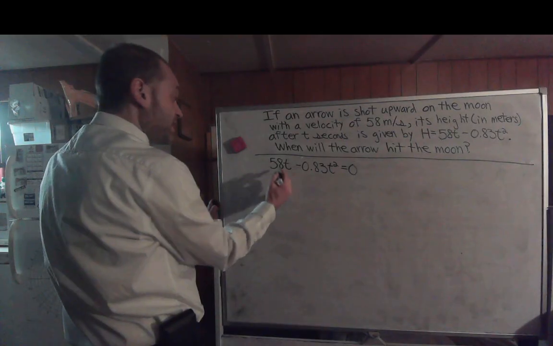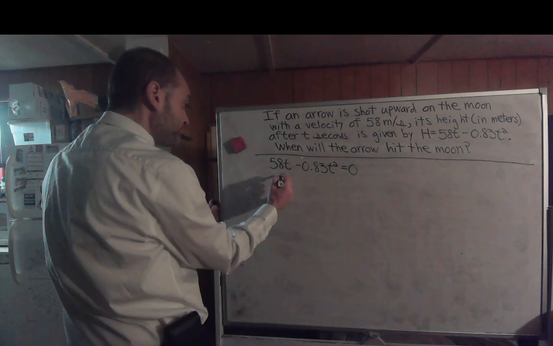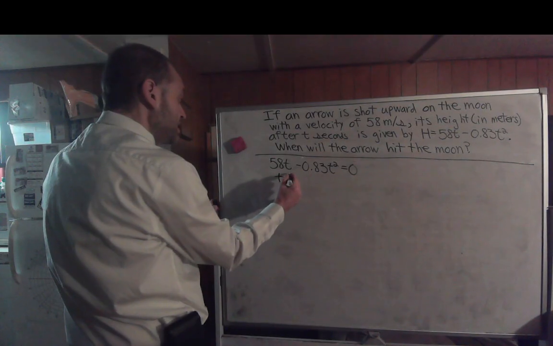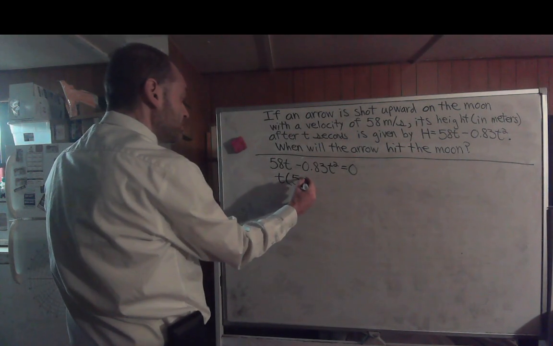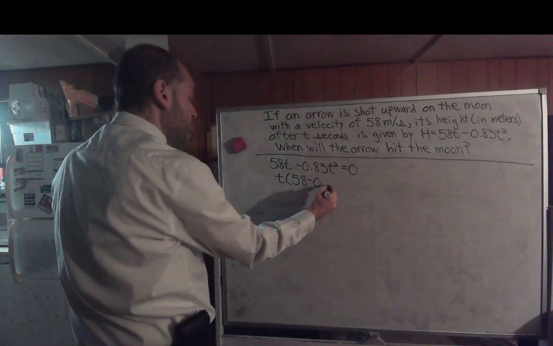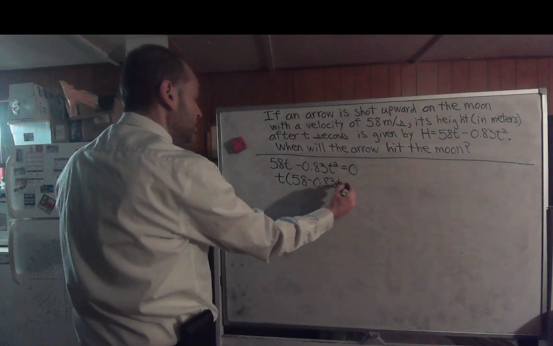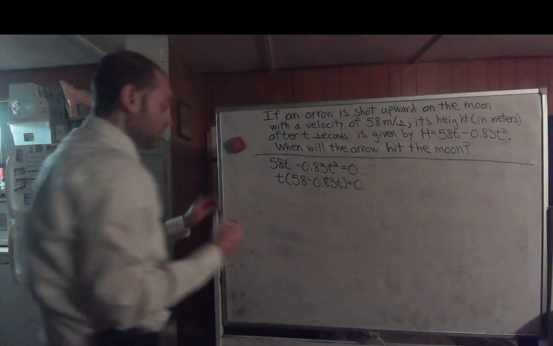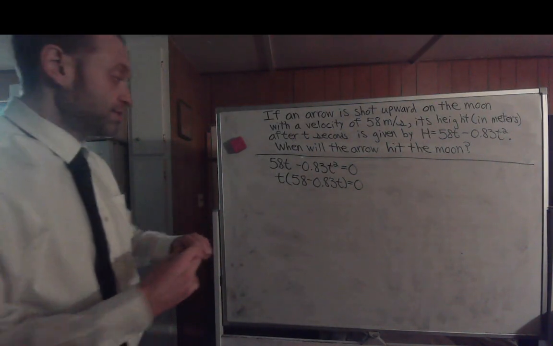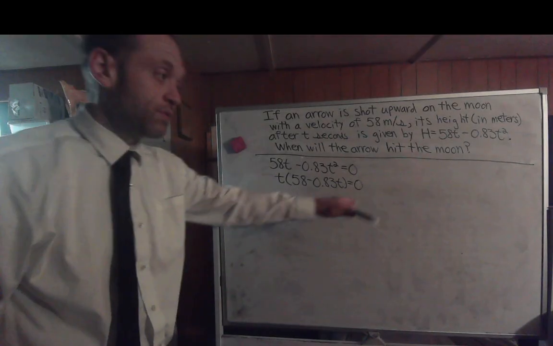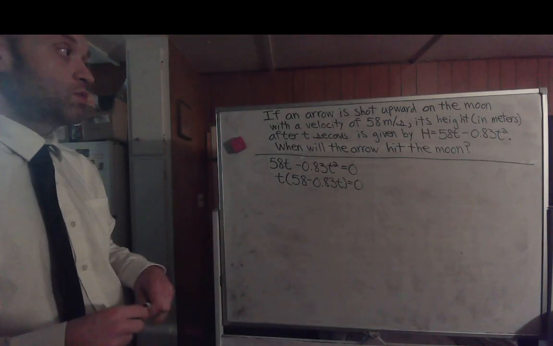We can definitely factor out a t. That'd be t times 58 minus 0.83t equals 0. Well, yeah, at time 0, if you set t itself equal to 0, that would give you 0.